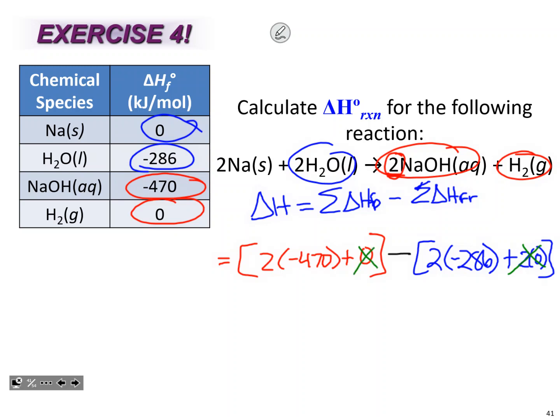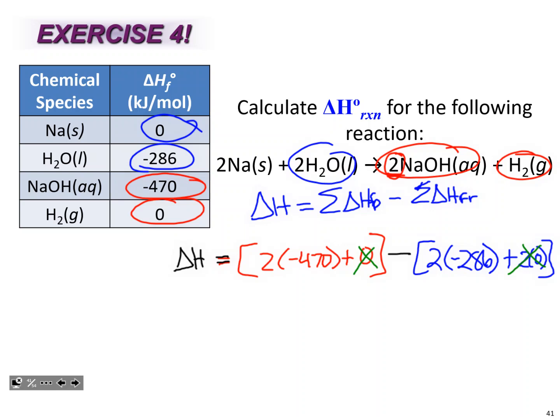These two end up factoring out. So they're not really necessary to have in our reaction. Then all you have to do is do the math. But be careful with the signs because you're subtracting. And a lot of times your second one over here to the right is going to be a negative number and you get the double negative. Don't forget to make it plus plus. Or you'll get an incorrect answer.